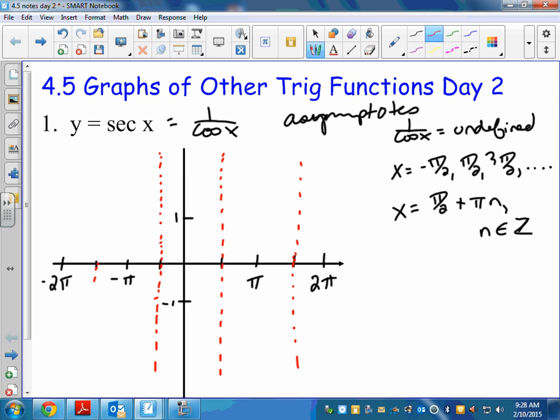Negative 3 pi halves. That's what we like to graph, right? 2 periods. Nope, this will be 2. Bear with me.